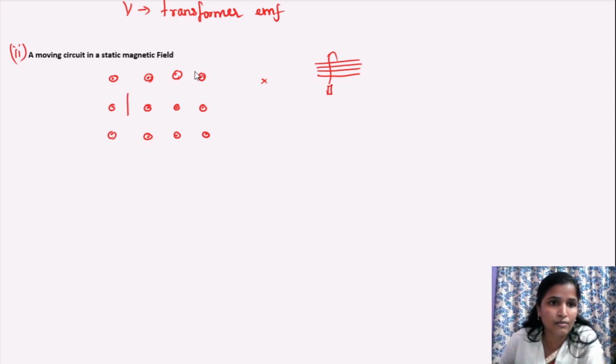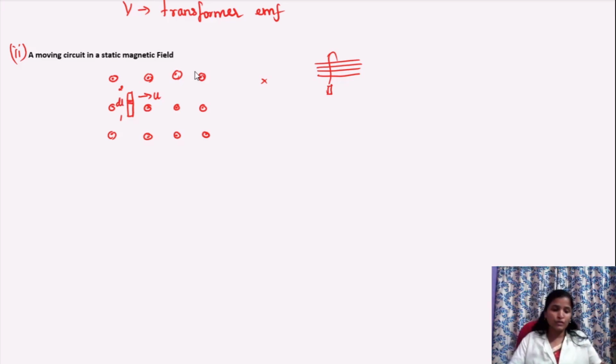So I'll place one conductor over here, and assume this conductor is moving at a velocity of u vector. It is cutting the magnetic flux lines. Let me mark positions 1 and 2, and let me take a small differential length, that is dl, in order to examine this.